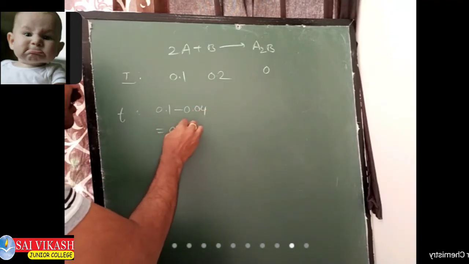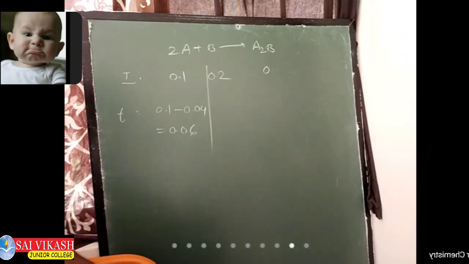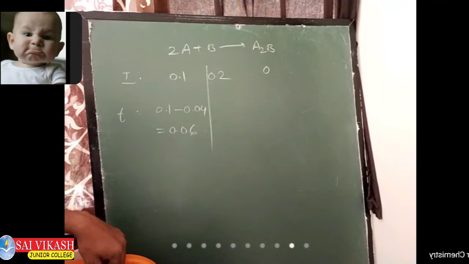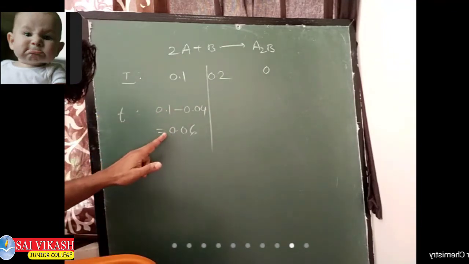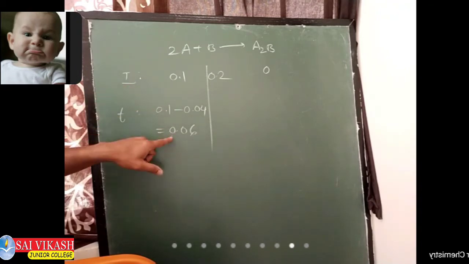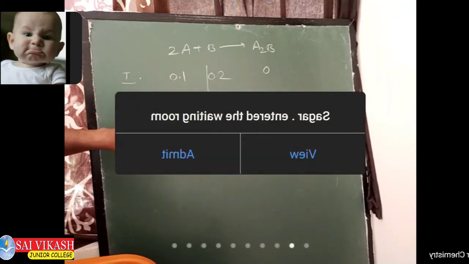That's why 0.06 is left. Like that you need to understand. So from 0.1 something is gone, that's why this much is left, because they gave that at time t it is reduced to 0.06.